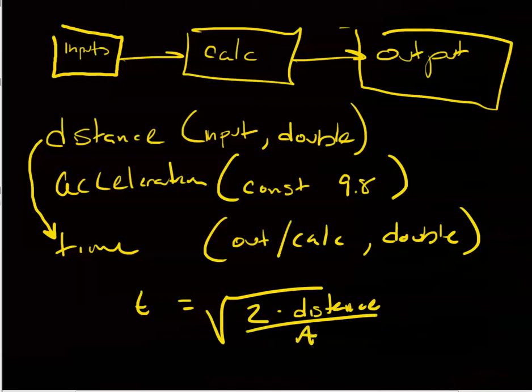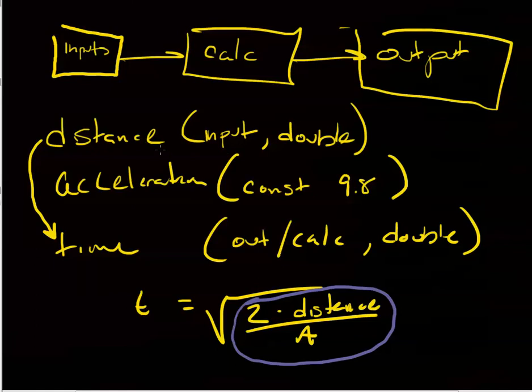Now, one thing that we want to remember as we're going forward with this program is the square root is actually being taken around this entire term. So it might do us well to actually calculate this term as a temporary variable and then compute the square root of that temporary variable. We need to be very careful about that. We don't want to do the square root of 2 times distance and then divide the whole thing by a.